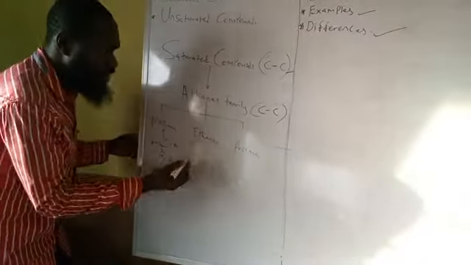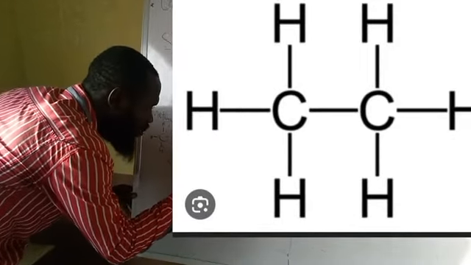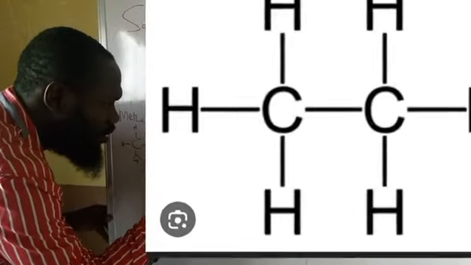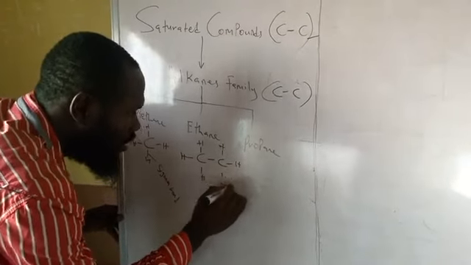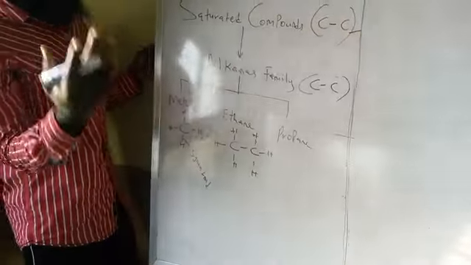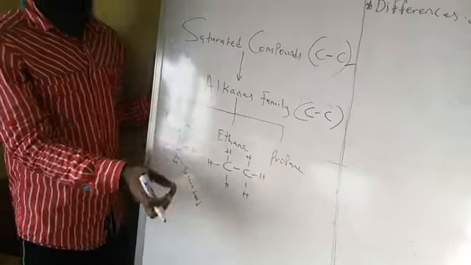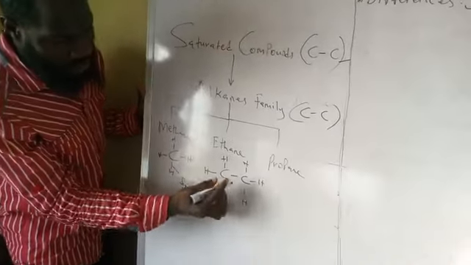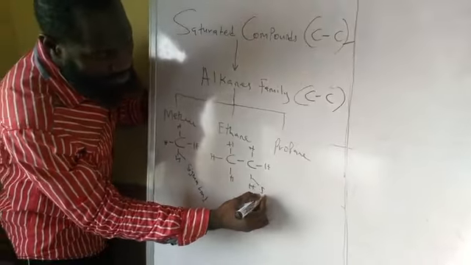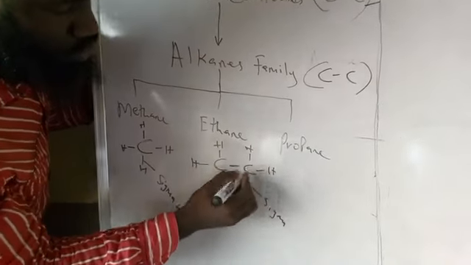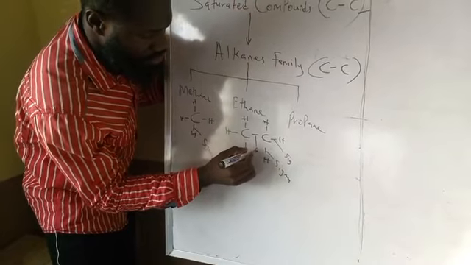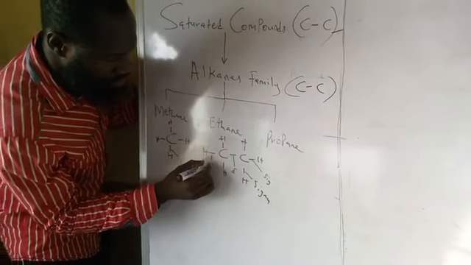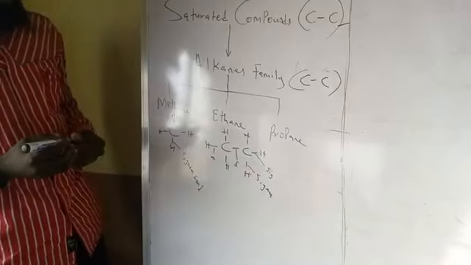Another example of the alkane family is ethane, which has 2 carbon atoms. This is also an example of a saturated compound under the alkane family. If you check these alkanes, they have sigma bonds all through.